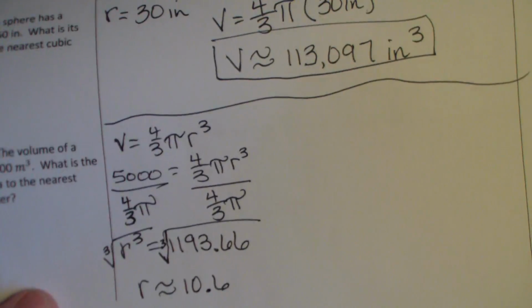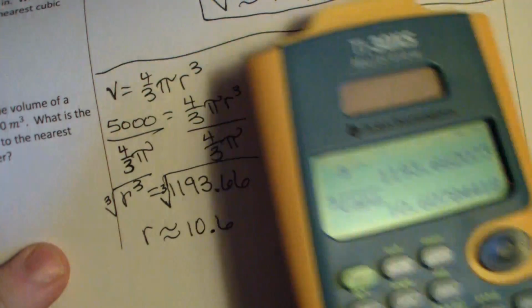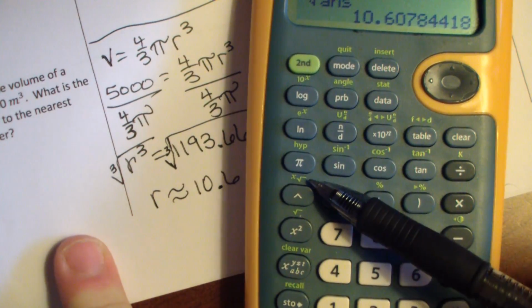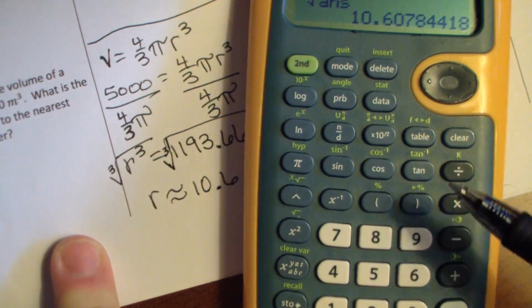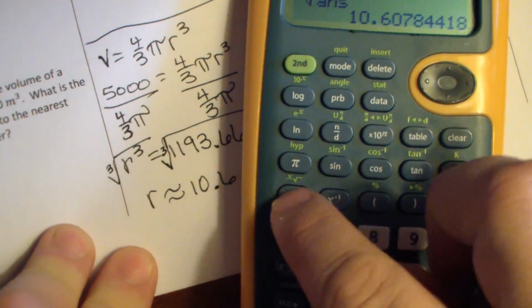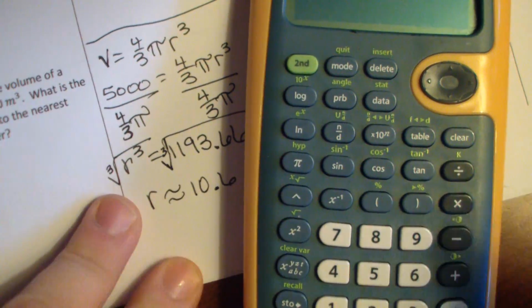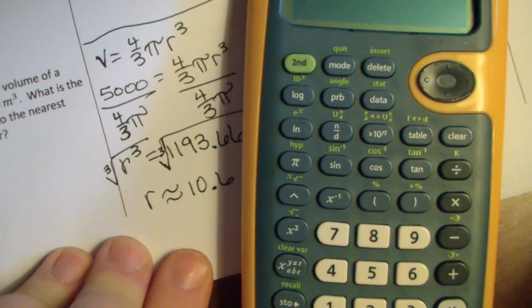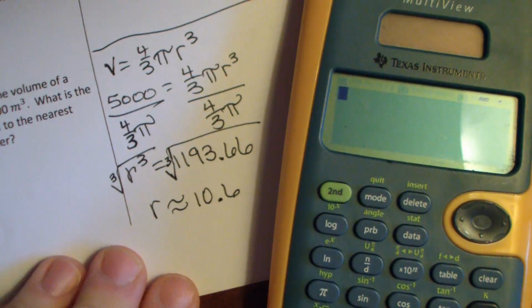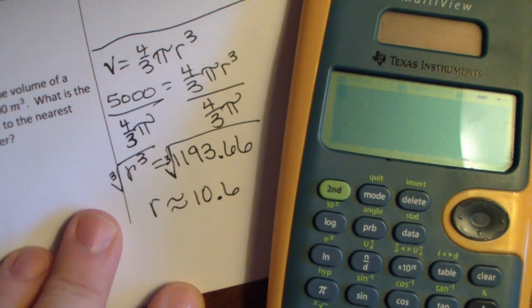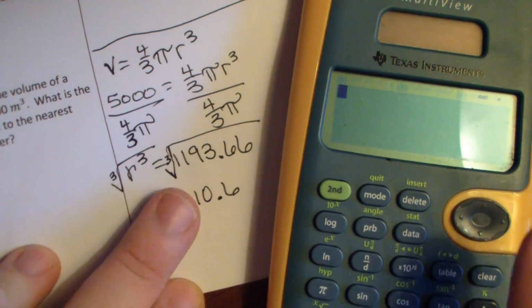Now, if your calculator doesn't have this type of button to be able to do cube root, what you can do is raise to a power. If you take the square root, that's the same thing as raising something to the 1/2 power. So you can also do the 1/3 power, and that would be the same as the cube root.